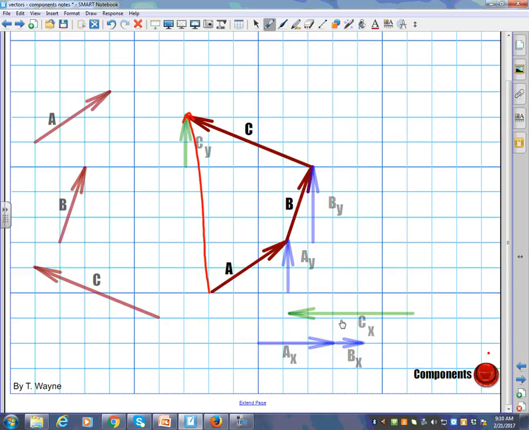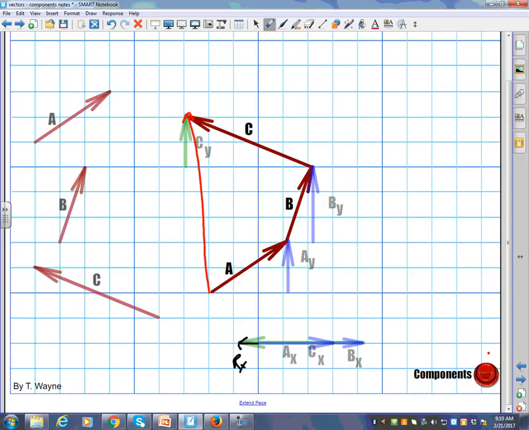No, like that. Because again, it would be tip to tail, right? See how those are tip to tail? So this is tip to tail too. It just goes backwards, right? Which means the overall resultant, and I'll put it in black, is that one there. We would call that Rx, the x component of the resultant.